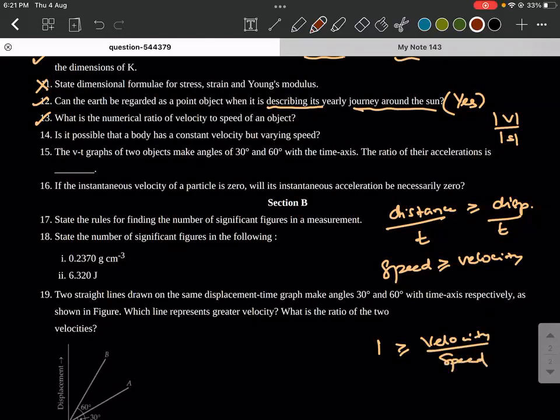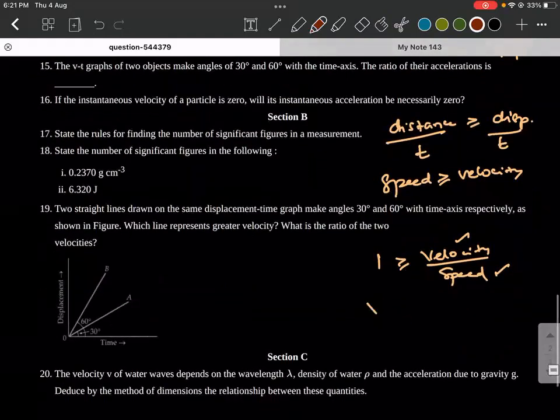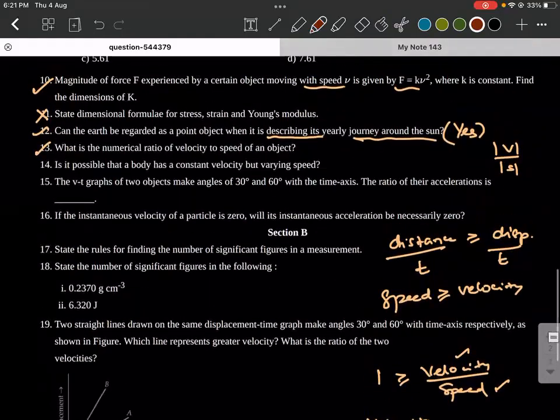So what would be the numerical value? Look at the inequality and tell me. Velocity divided by speed is less than or equal to 1. So if you see a question like this, the ratio of velocity to speed is less than or equal to 1. Did you understand the logic or not?